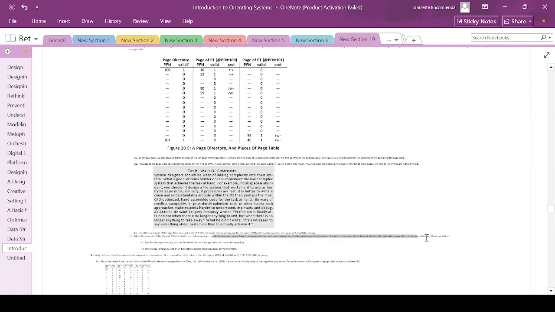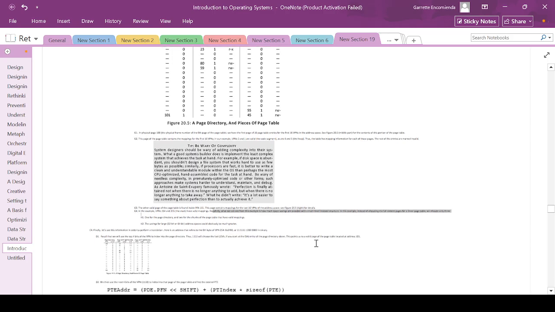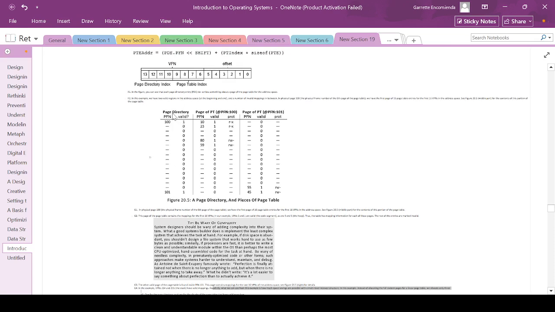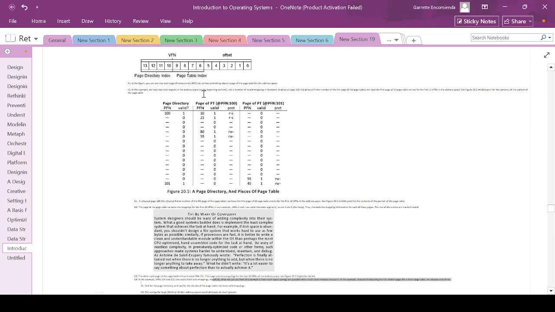Hopefully what we can see from this example is how much space savings are possible with a multi-level index structure. In this example, instead of allocating the full 16 pages, which is here, in 256 entries we have 16 pages, we only allocate 2 pages, or 3 pages to be exact.